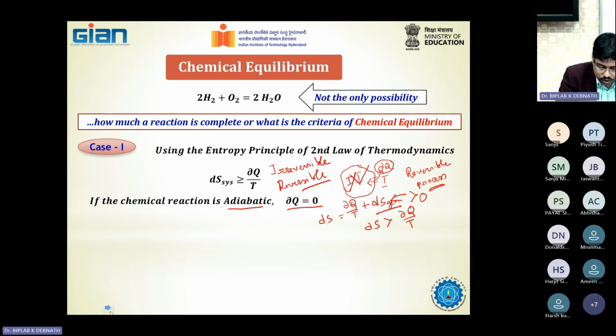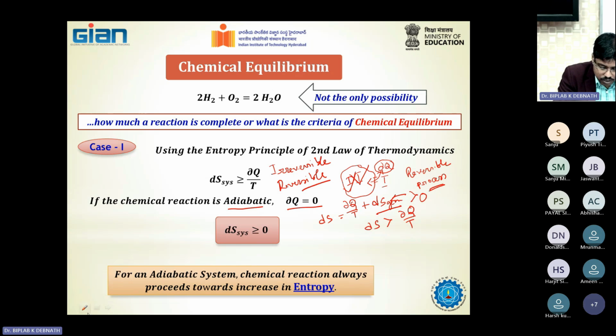Together, irreversible and reversible, we can tell that del Q equals 0 for the adiabatic condition, then dS system is greater than or equal to 0. So this condition will be satisfied for an adiabatic chemical reaction.